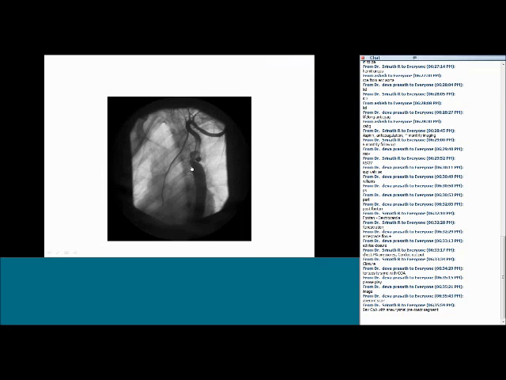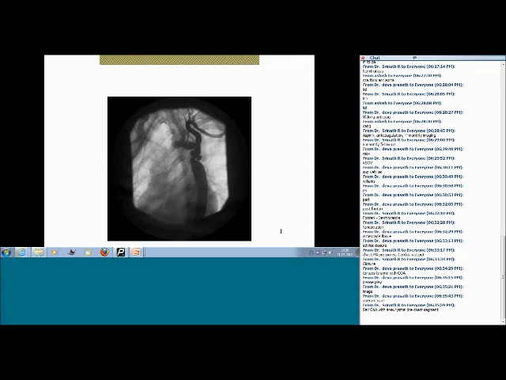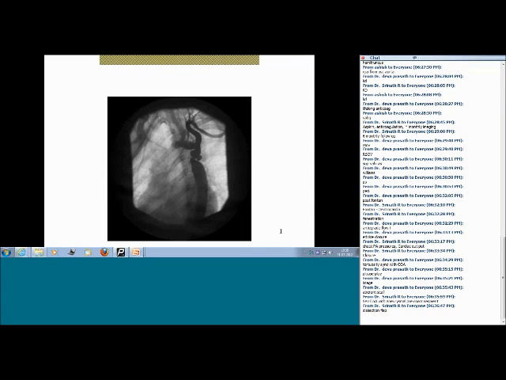What procedure has probably been done in this patient? Dissection flap. So what procedure was the question?